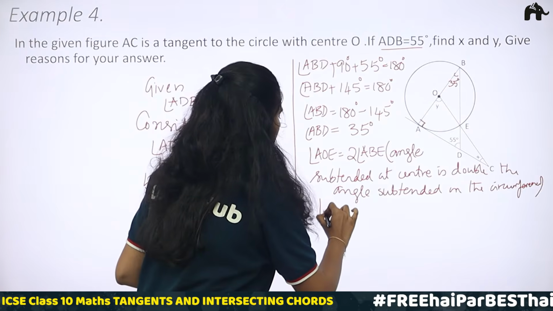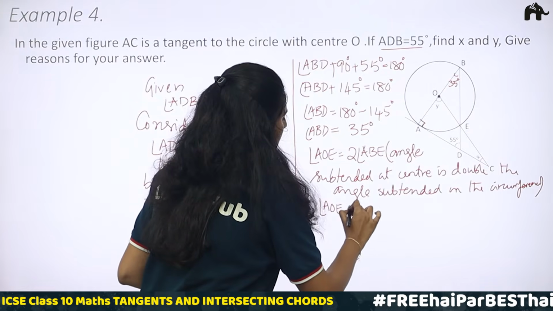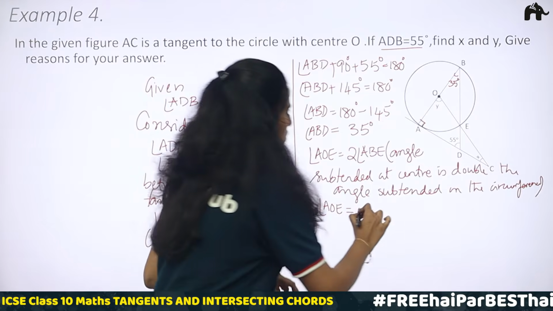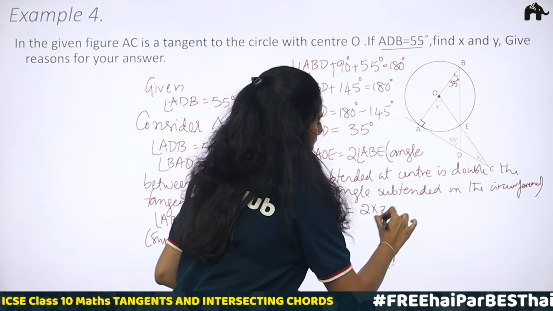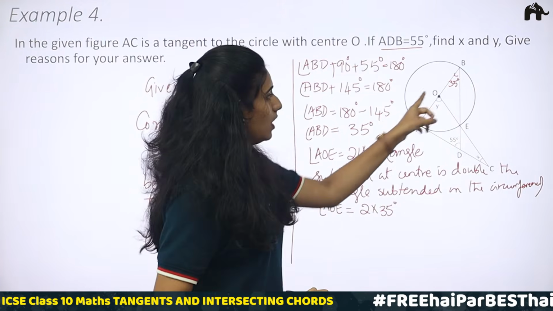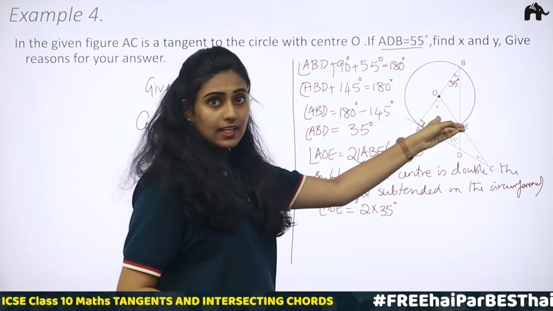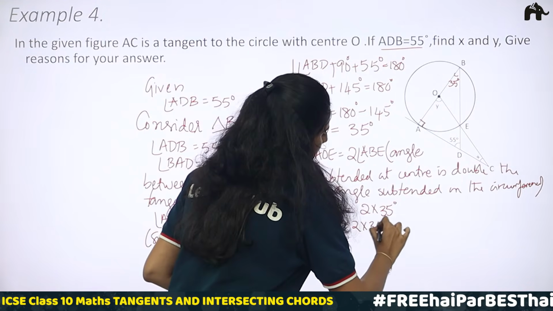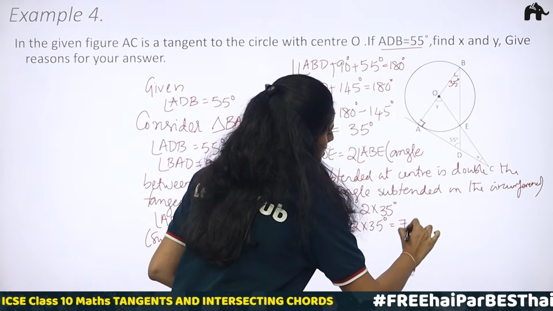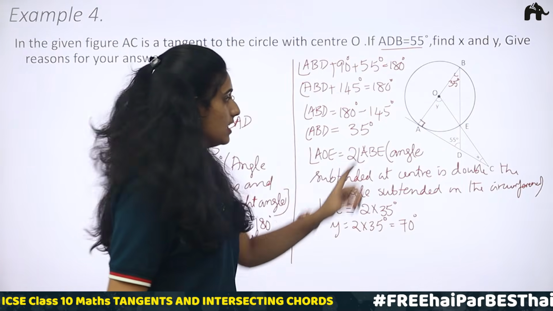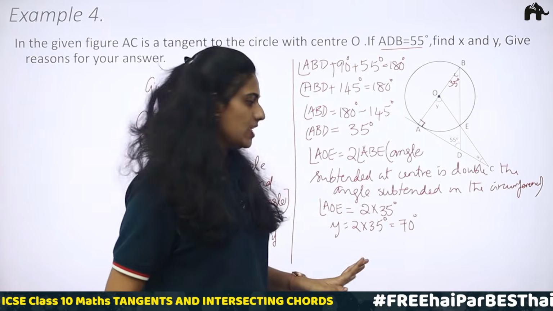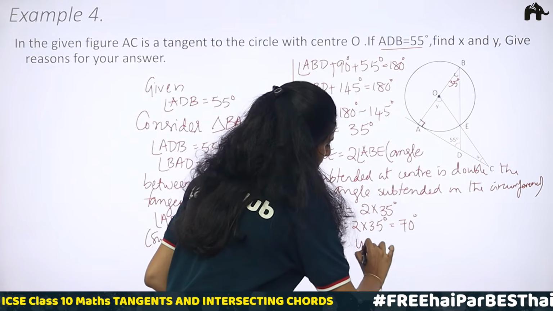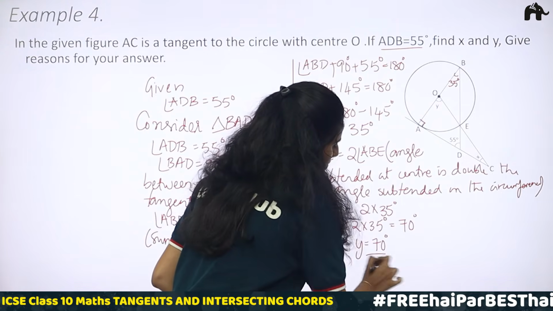Therefore, angle AOE is equal to 2 times 35 degrees. AOE is the required angle Y. Y is equal to 2 into 35 degrees, that is equal to 70 degrees. Clear? Y is equal to 70 degrees.